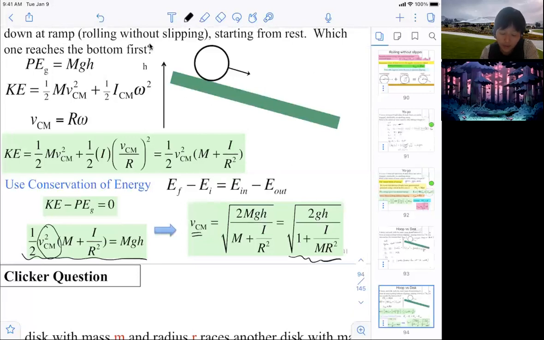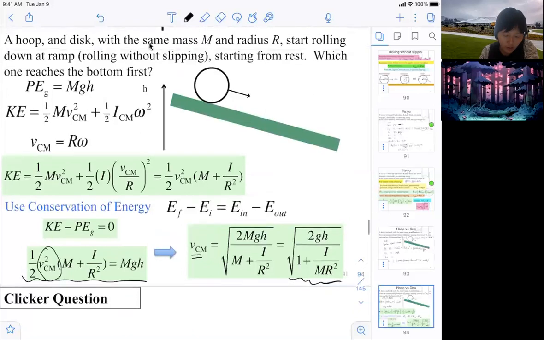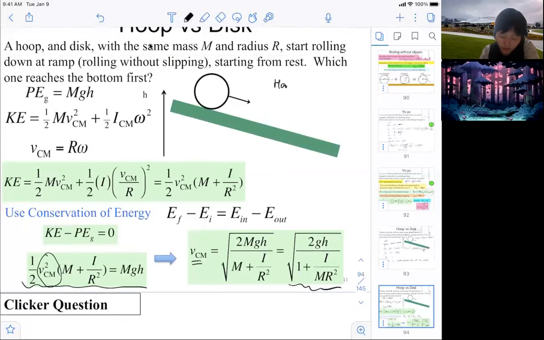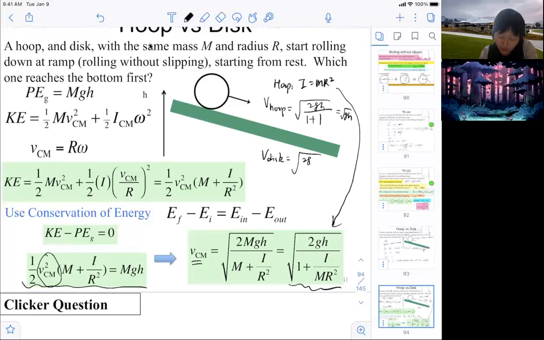If you're looking at the hoop, you will plug in I is mr squared into this equation. If you do that, the velocity for the hoop is going to be the square root of 2gh over 1 plus I over mr squared, which is mr squared over mr squared, so you get 1. So you get the square root of gh. If you're looking at the disk, the I is 1/2 mr squared.